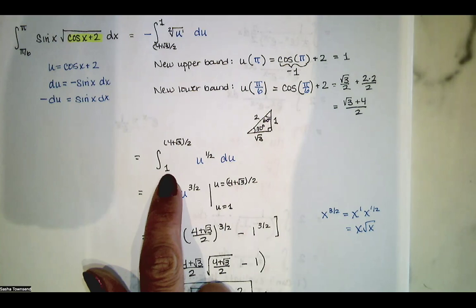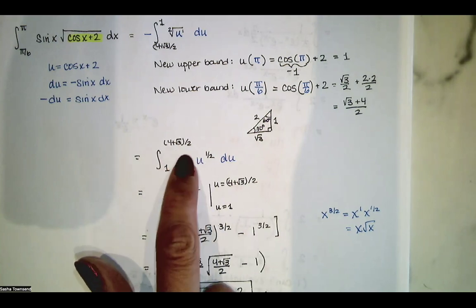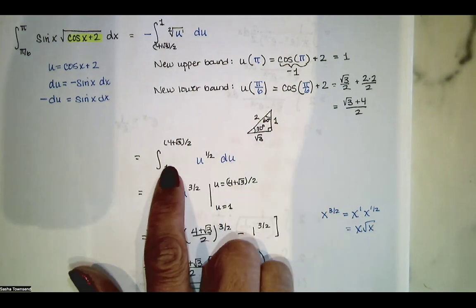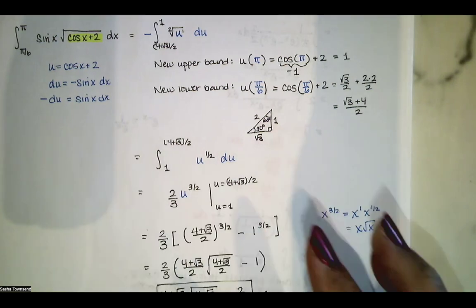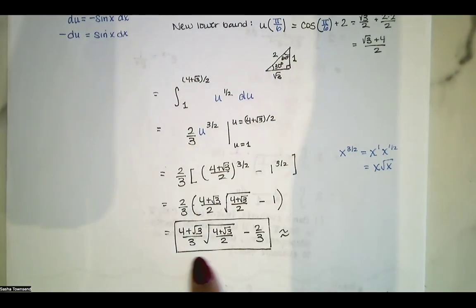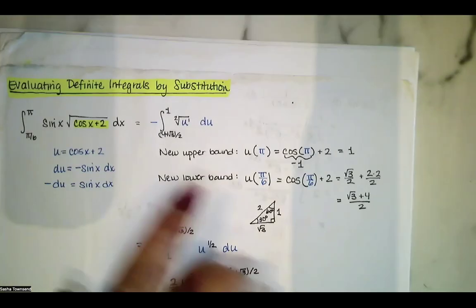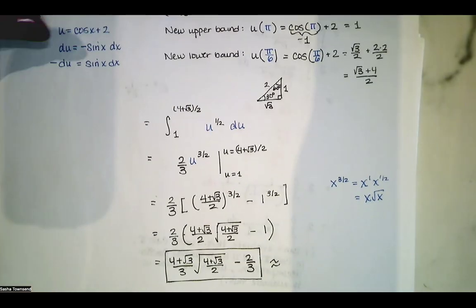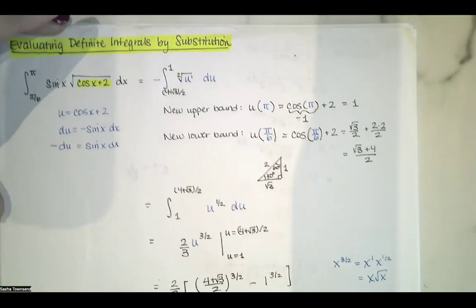So we take the integral from 1 to this number, so u is starting here and ending here, and we're looking at the square root graph, and we're saying, well, what is the area under the square root graph from 1 to this number? It turns out that that area is this, and the area under this function on this interval has the same value. So let's look at that on Desmos.